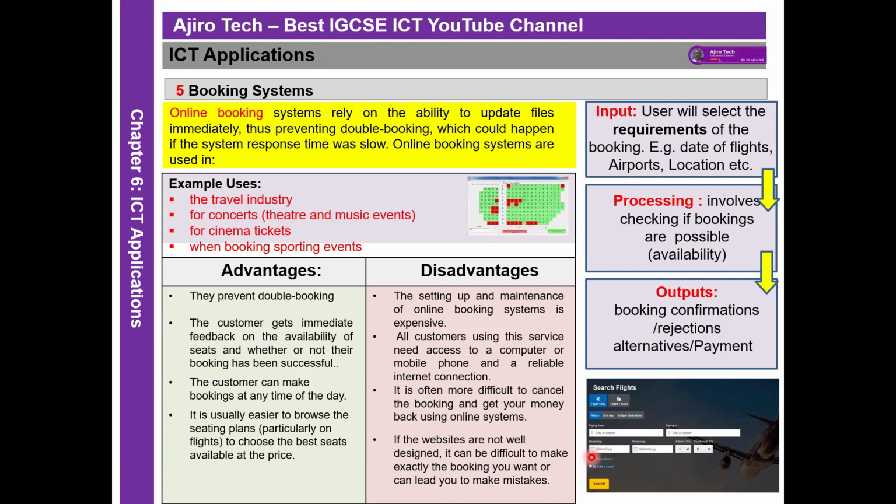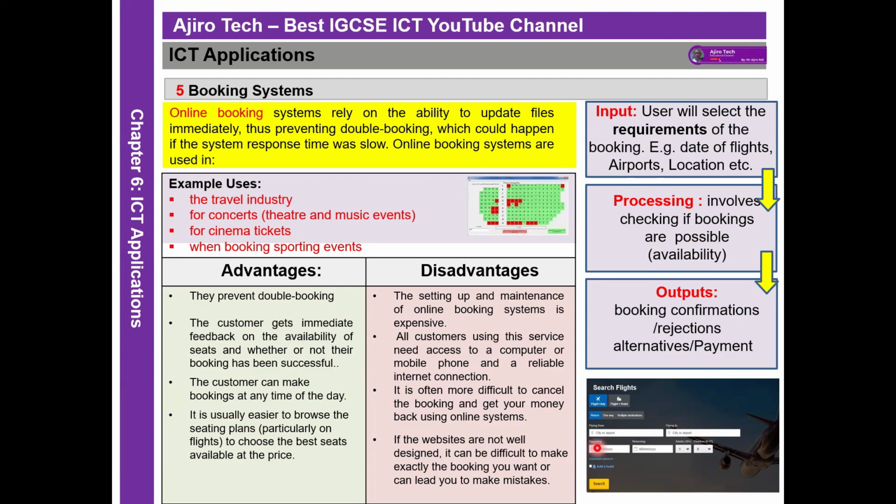What happens is when you go to the website, the user will have to select the requirement of the booking. Most of you know what I'm talking about. We have what we call one way and we have the return flight. One way simply means that you are leaving the country and you are never coming back. Trust me, one way ticket is what we want to literally return.